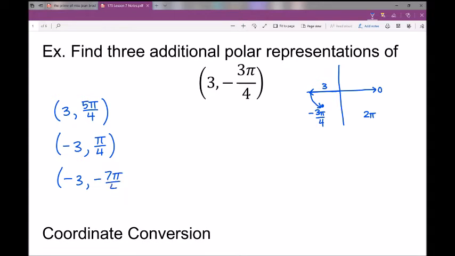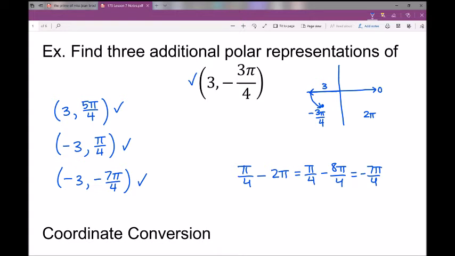So pi over 4 minus 2 pi would be pi over 4 minus 8 pi over 4, which gives us negative 7 pi over 4. That tells us that this point right here is in the same position as this point, and of course the original point that we had.